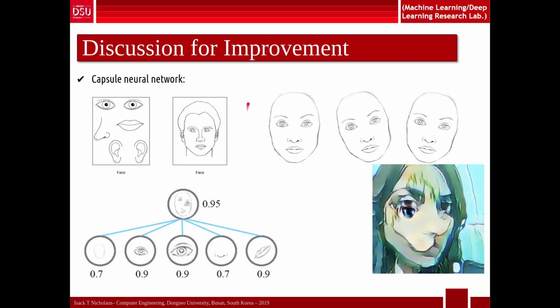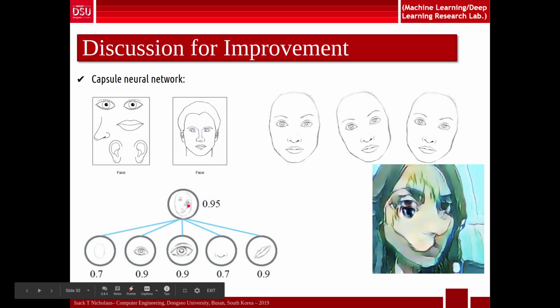In the discussion part, for improvement, I suggest using a capsule network. A capsule network is a kind of network which does not only try to find sub-parts of the image and abstractly classify it as a certain image. For example, here we have the face: eye combined with eye, mouth, and then nose to make a face.